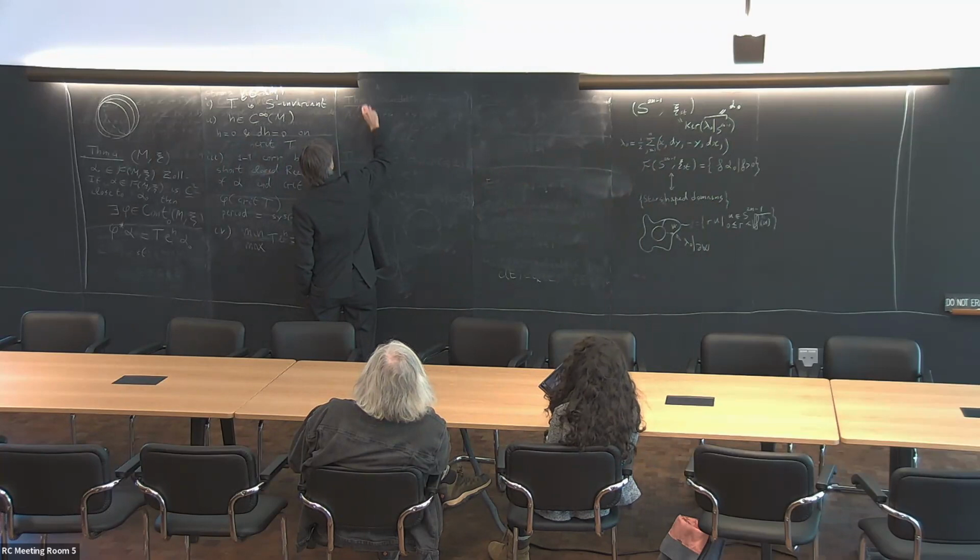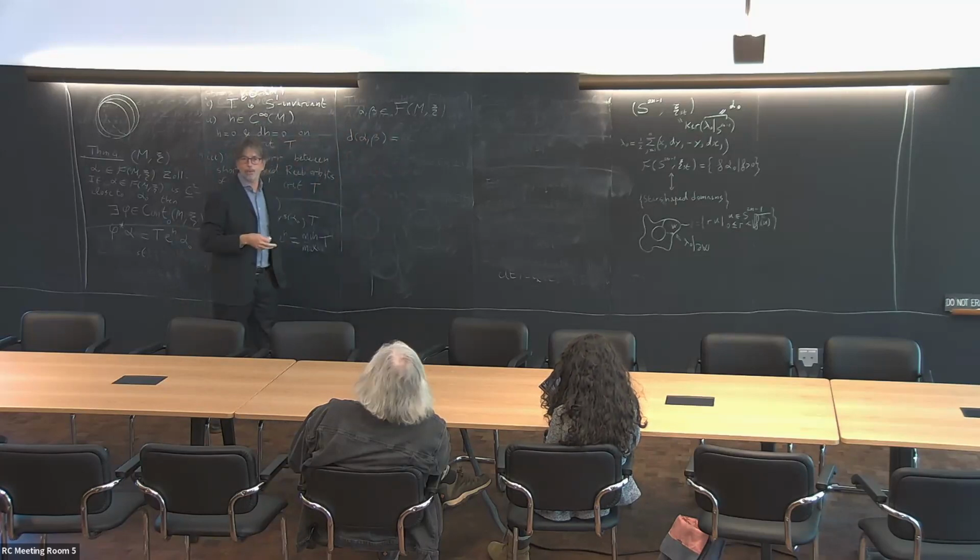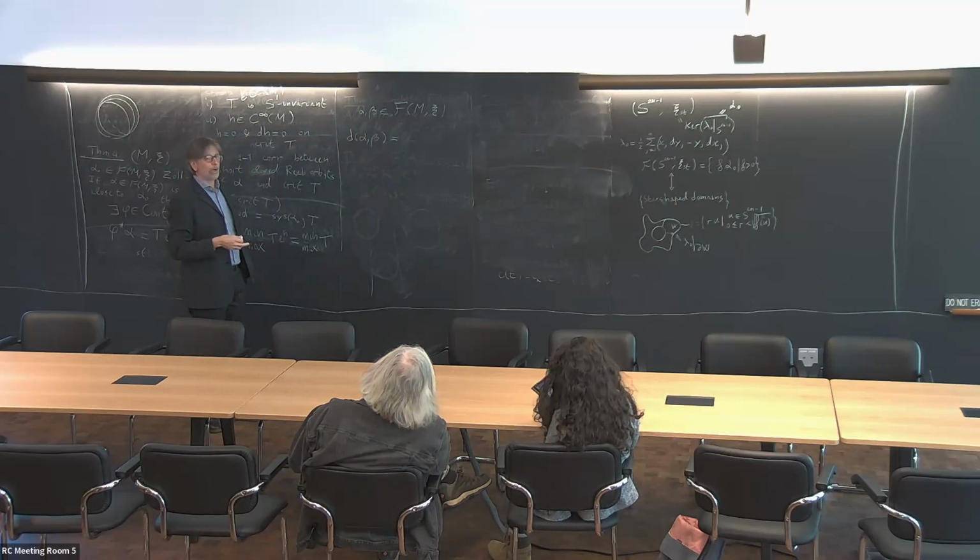So if I now take 2 contact forms on one contact manifold, I can define a pseudo distance, which in some sense mimics the Hofer metric, which is this.